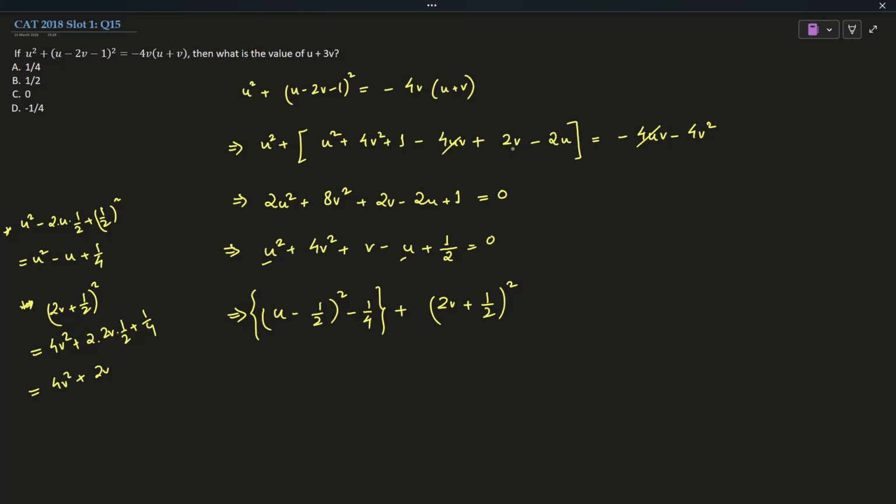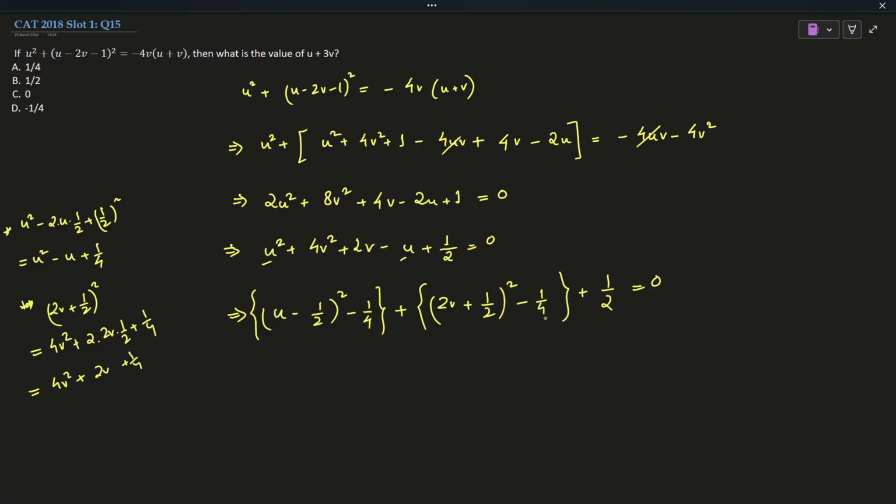My bad, this will be 4v. This is 4 times v. So when I divide it by 2, I will get 2v, right? And I am adding 1 by 4, so I'll subtract another 1 by 4, right? And I have a half equal to 0.